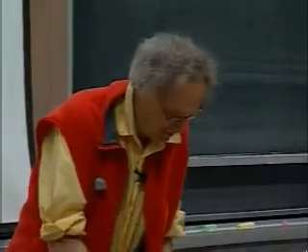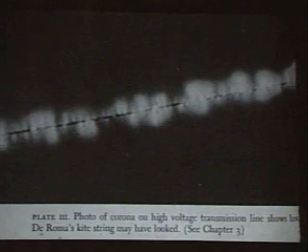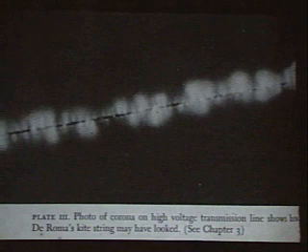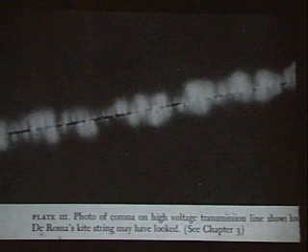It's very fascinating, actually. I have a slide here which shows that. So here you see a high voltage power line, transmission line, and you clearly see the glowing of the corona discharge. They compare that with what's called the Roma's kite string.